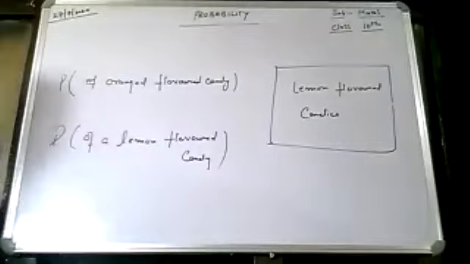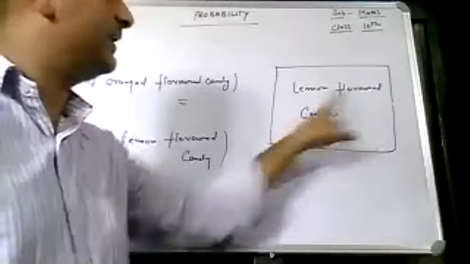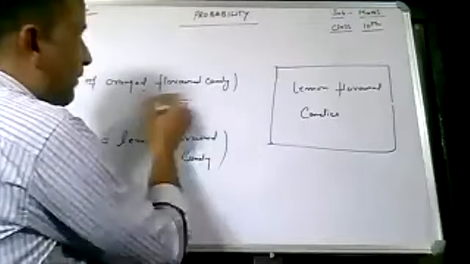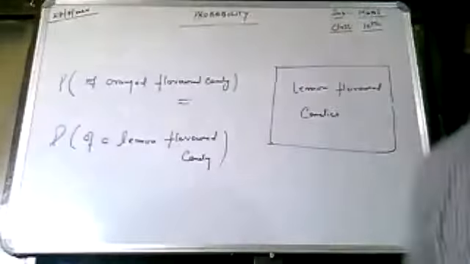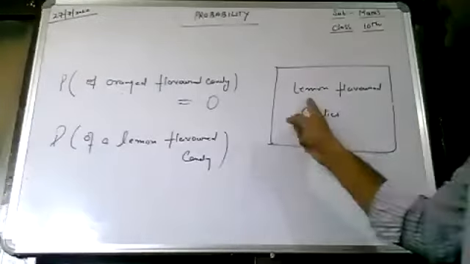Clear? So class, in a bag there are lemon flavored candies. So what is the probability of an orange flavored candy? 0. Why? Because it is a lemon bag, children. Because it does not contain orange flavored candy. From lemon you cannot get orange.